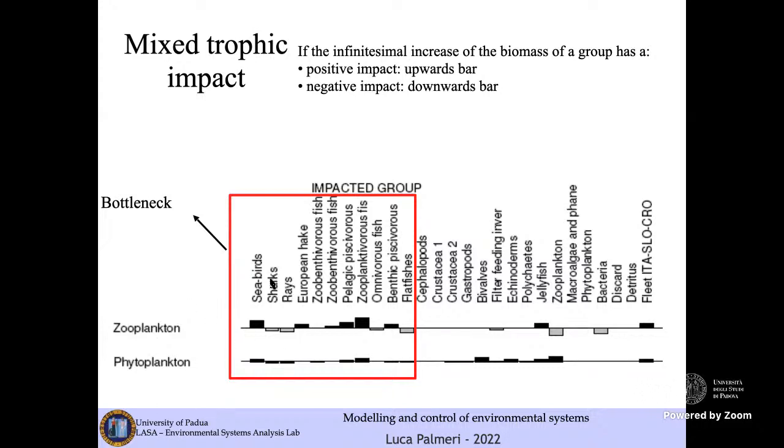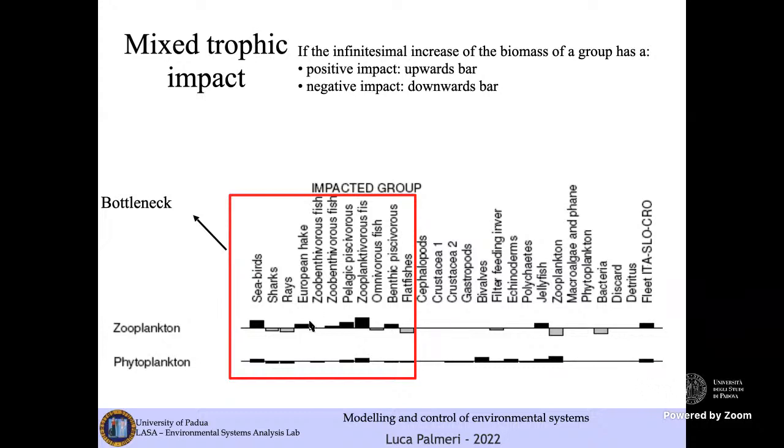We are representing trophic efficiencies of the various elements. Here we are studying zooplankton, phytoplankton, and the trophic efficiency on the other groups of the network.